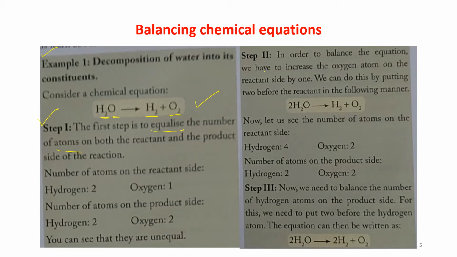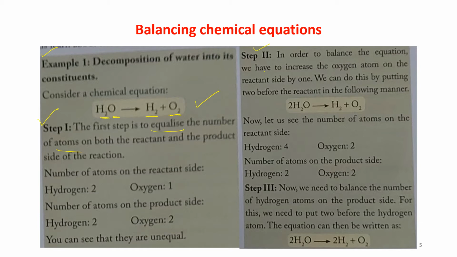So you can understand that on the reactant side and the product side, the atoms of this element are not the same. They are unequal. So step 2, you have to balance the equation. You have to equalize the number of atoms on both the sides.